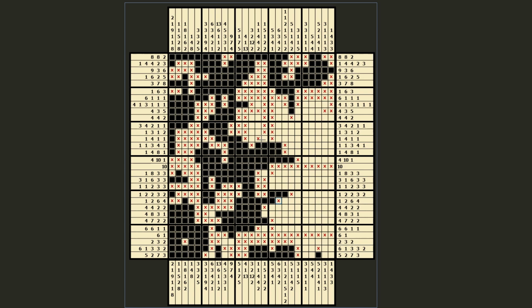Where do we go? 1 8 3. No space for the 3. This has to be the 5. Aside from that, don't know what that does. Oh, here 6 3 4 and then 2. That's completed. Nice.